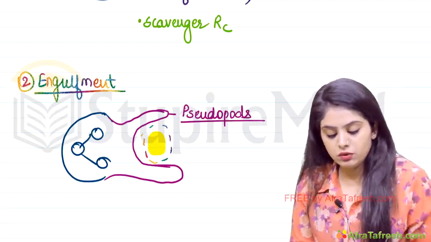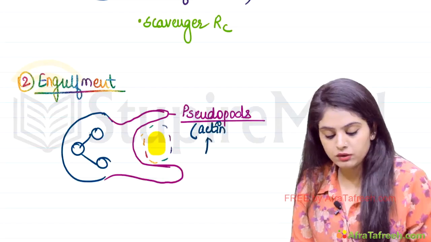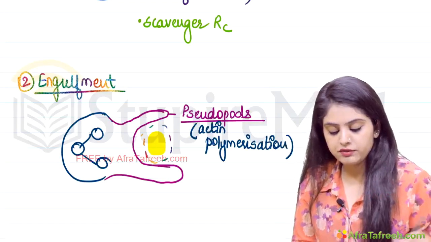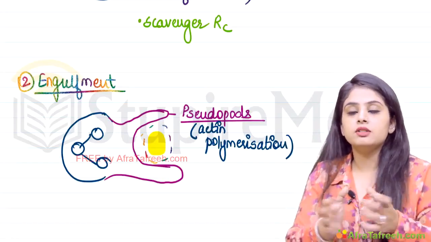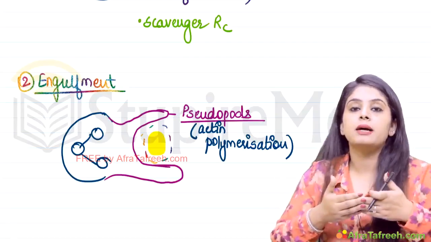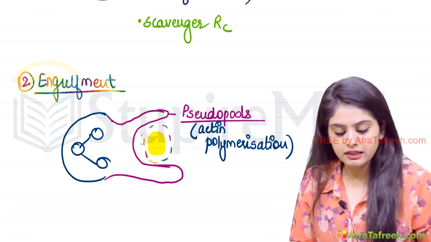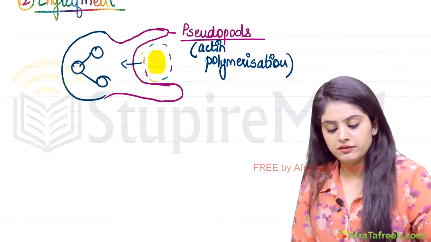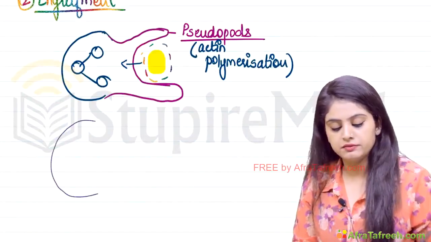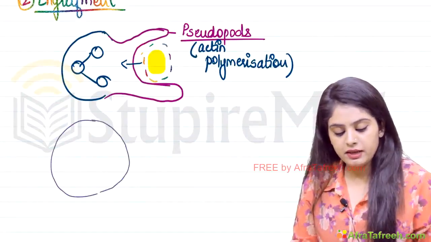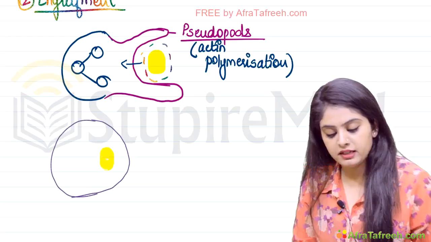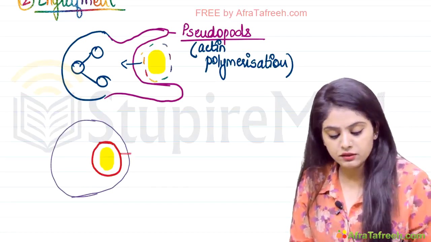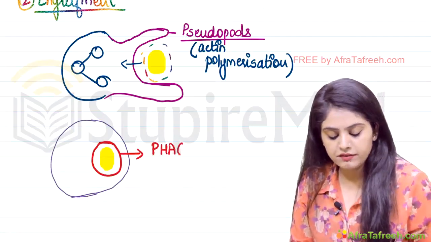One very important thing you need to know, this pseudopod formation is because of actin polymerization. So there is actin polymerization, pseudopods are formed, and they are going to take the bacteria inside the cell. This bacteria now enters the cell. What happens when it enters the cell? If this is the particular cell that we have, and now it has engulfed that bacteria, so that bacteria has come inside the cell. This is known as a phagosome.